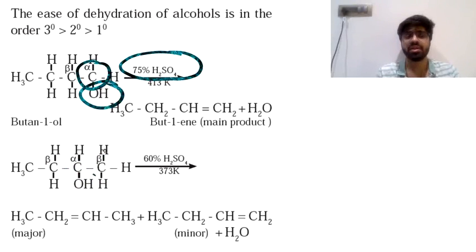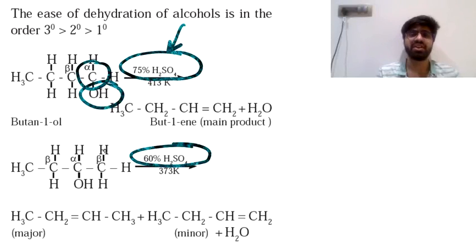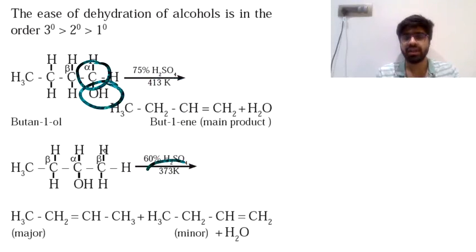So that is why this OH can be taken out more easily. You require 75% H2SO4, a stronger reagent, in the primary alcohol case. The reagent need not be very strong in this case, 60% H2SO4, and even a temperature lower than the primary alcohol case can give you the formation of alkene.